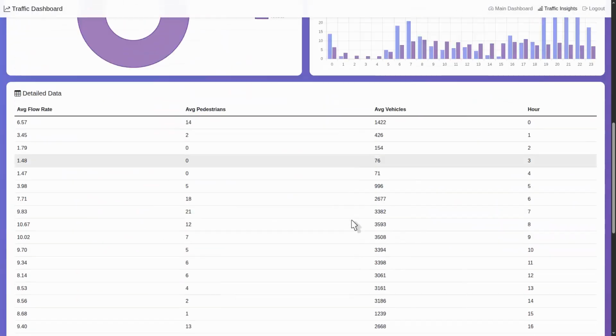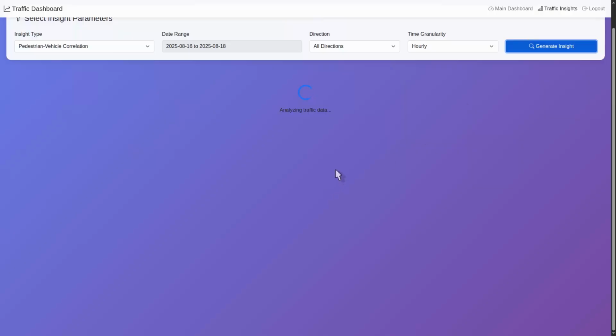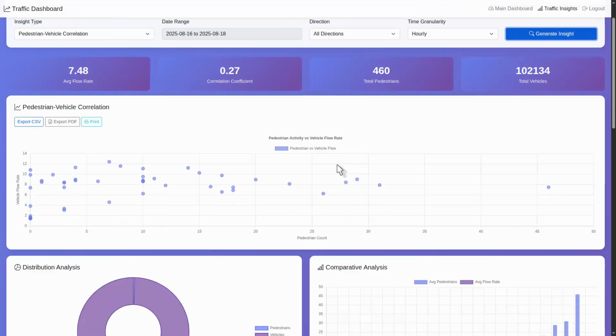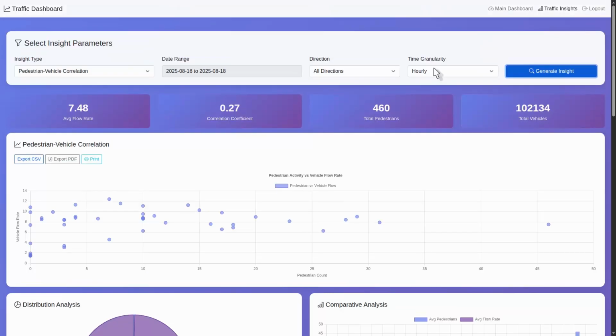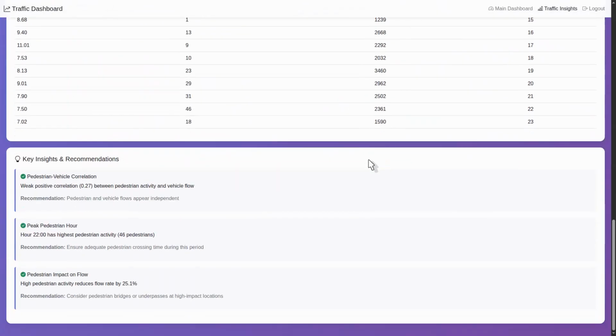Among these, we see, if we switch to hourly view, or the daily view, weak positive correlation between pedestrian activity and vehicle flow, which suggests they appear independent.